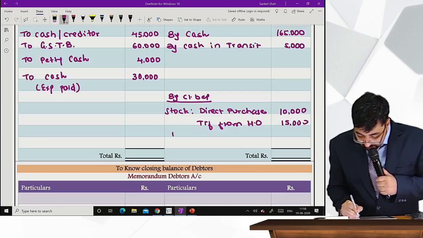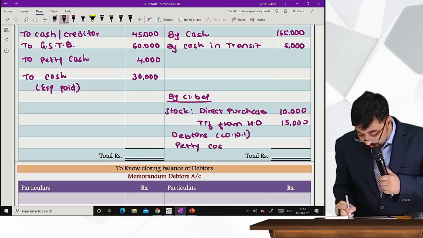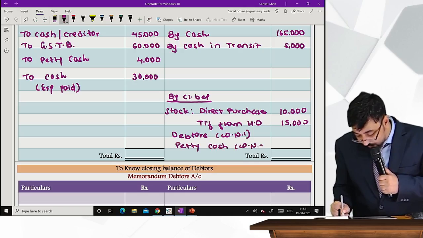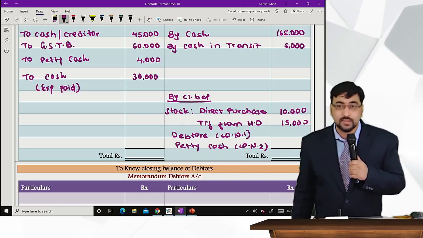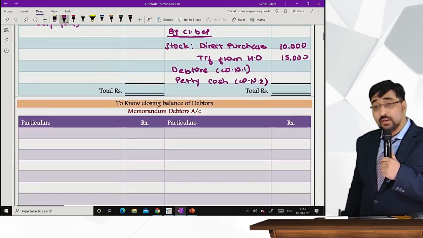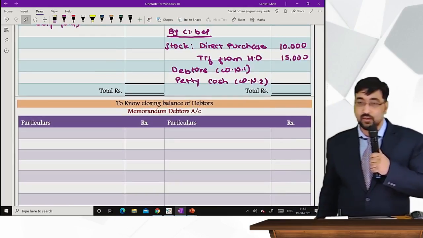And debtors account: for this I will open working note number 1. And the last one is petty cash account. For this, I will open working note number 2. Very simple, sir. So debtors account, working note number 1, and petty cash account, working note number 2.